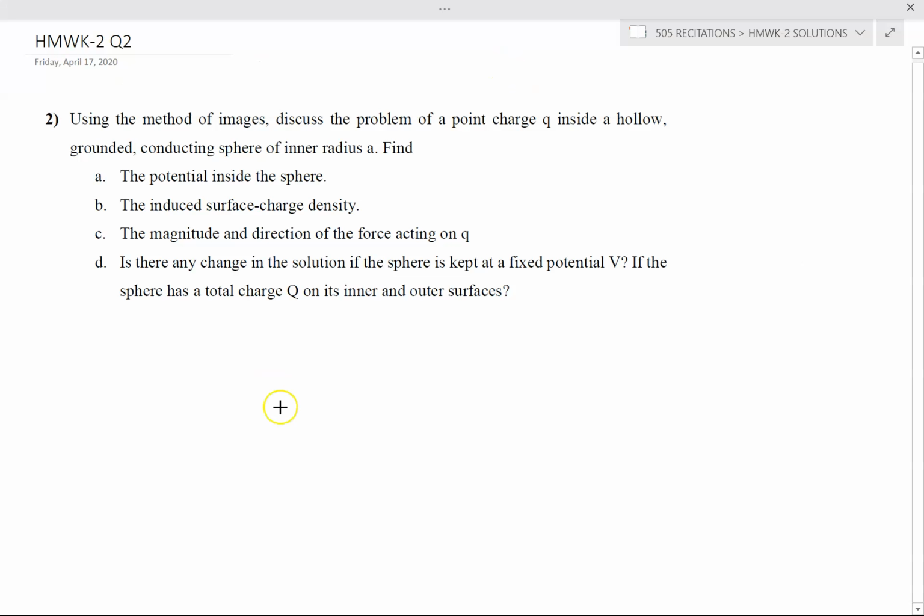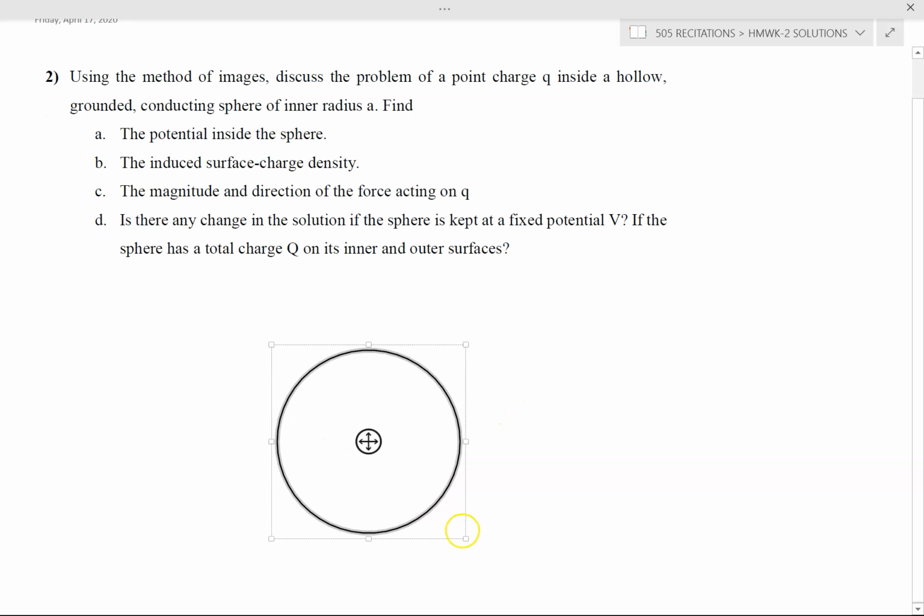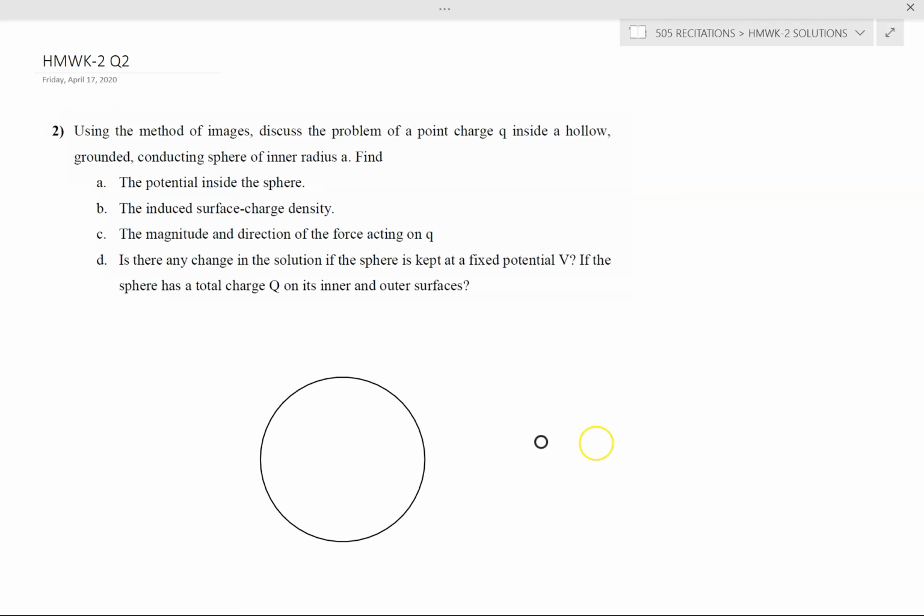Let me place a sphere over here. This sphere is at the origin, and let me assume that I place my Q over here at a distance y.